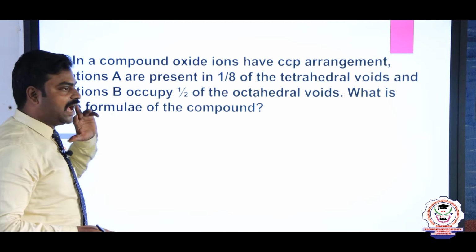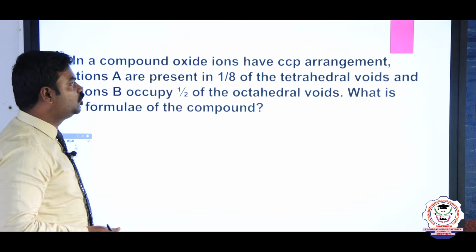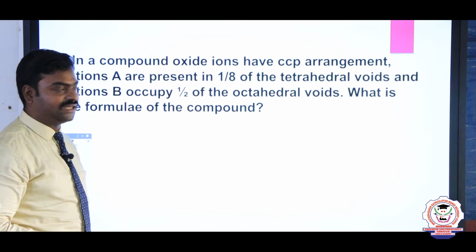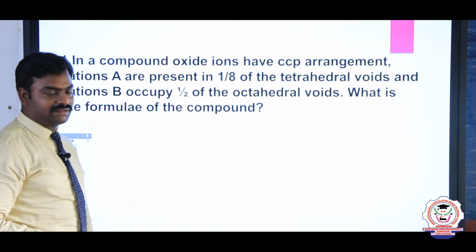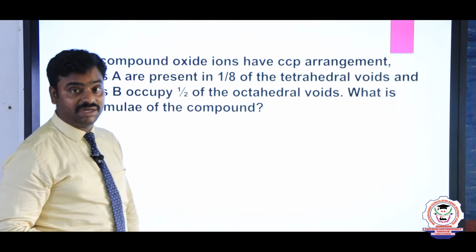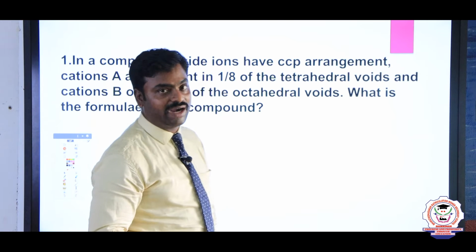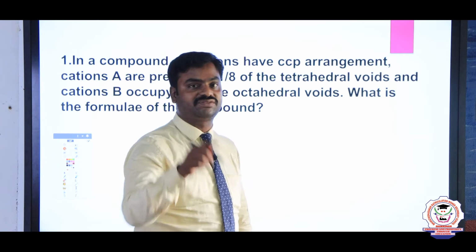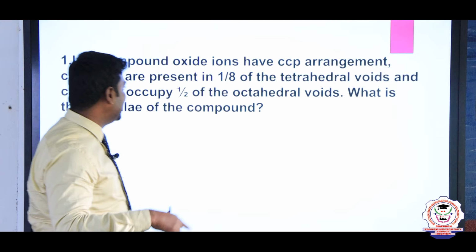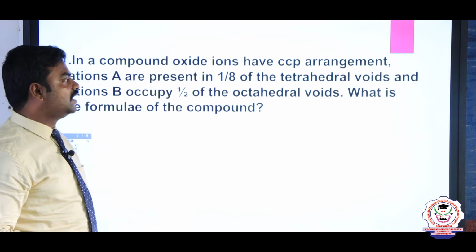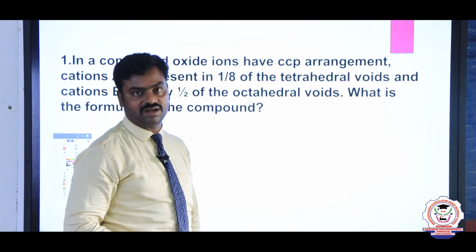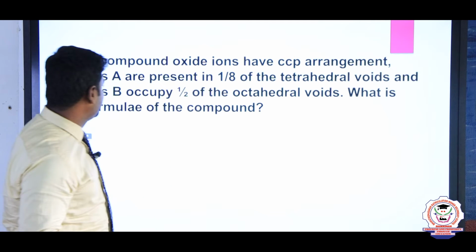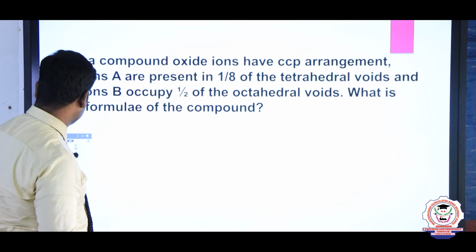Apart from oxide ion, there are 2 more atoms, A and B. A occupies the tetrahedral voids, but not all of them, only 1/8 of the tetrahedral voids. What about the B atom? B occupies octahedral voids, 1/2 of the octahedral voids. So how to solve this problem?